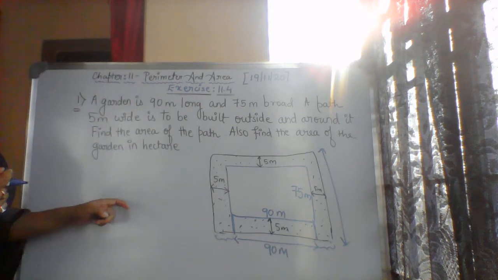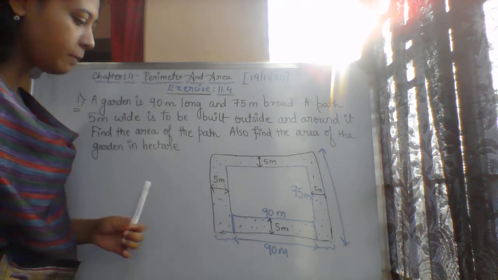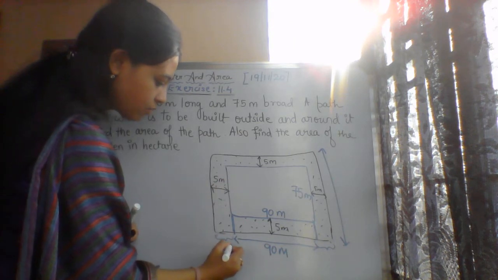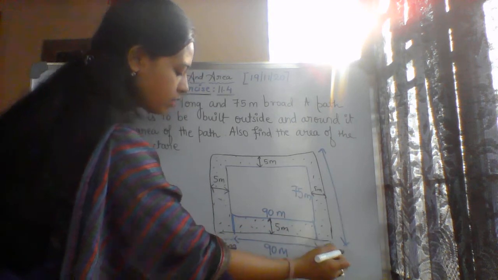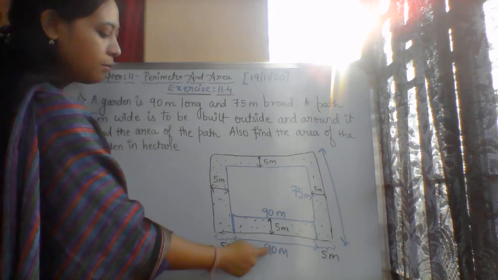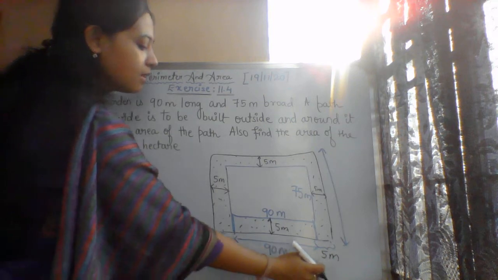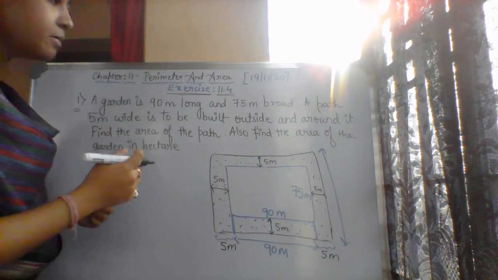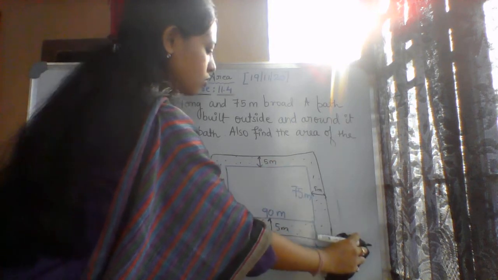If we add those two parts, it will give the total length. So it is 5 meter wide, so it is also 5 meter. This side also 5 meter wide. So how much total length we have got? 90 plus 5 plus 5, 100 meters. So this total length of the bigger rectangle came 100 meter. Similarly, here also we have to find out. So same way here also.